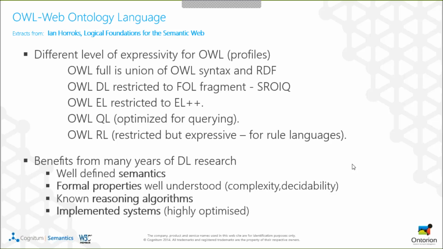So in the OWL standard, there is a definition of different reasoning profiles. In this case, you see I listed the ones that are defined in the standard. So you have OWL Full, which is the most complete profile, but to our knowledge, at the moment there is no reasoner for it.